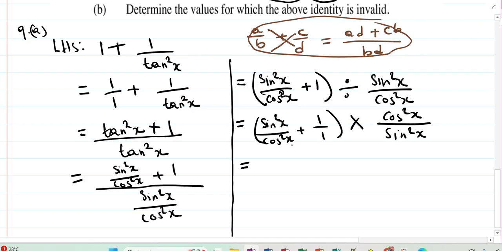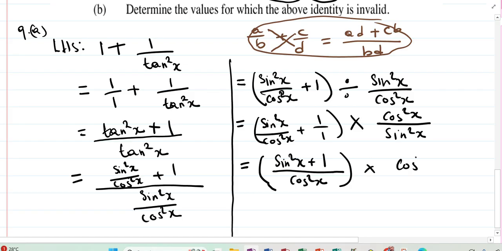And then I further simplify this equation of mine. Multiply the denominators, they give me cosine squared of x. Cross multiply this one times this one, sine squared of x. I keep the middle sign, this one times this one is 1, multiply the cosine squared of x all over sine squared of x.